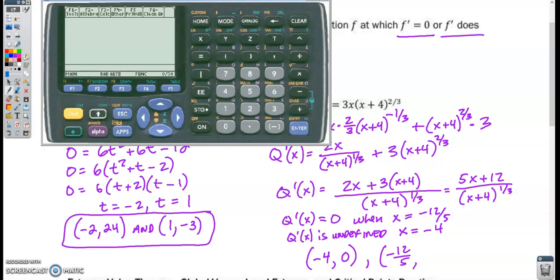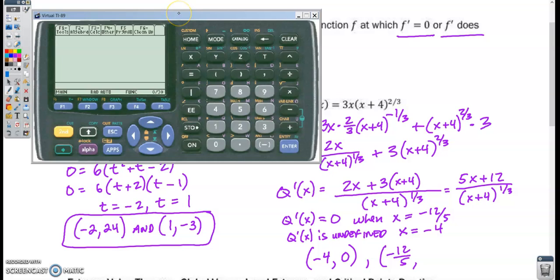And I'm going to use my calculator to do this one because I know that this one does not come out nicely. So we'll put 3 times negative 12/5 times the quantity negative 12/5 plus 4 raised to the 2/3 power.